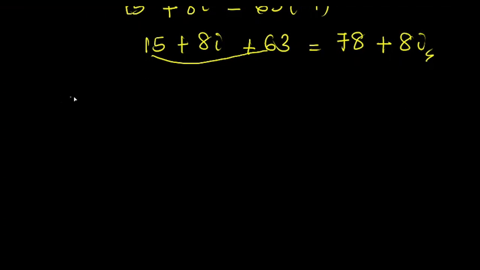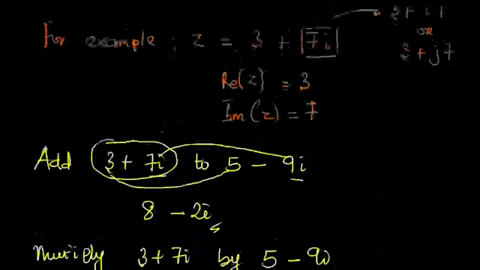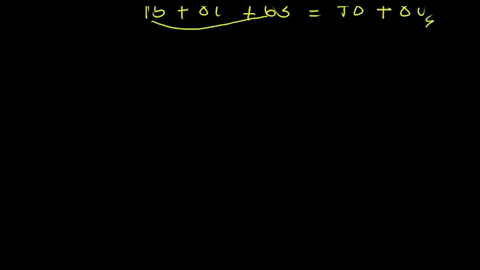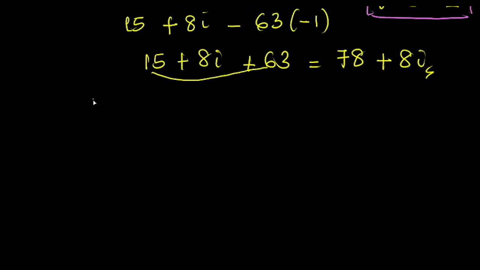Now the idea of imaginary number. I believe the best way to introduce the concept of imaginary number is to take us back to when we are factorizing quadratic equations.